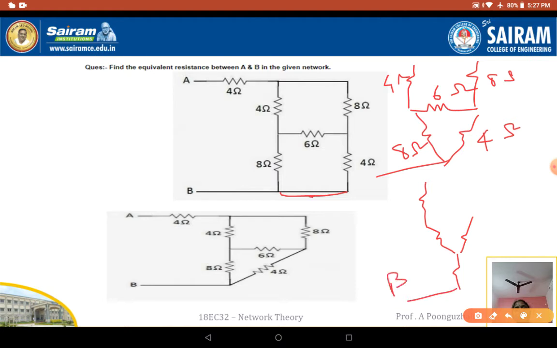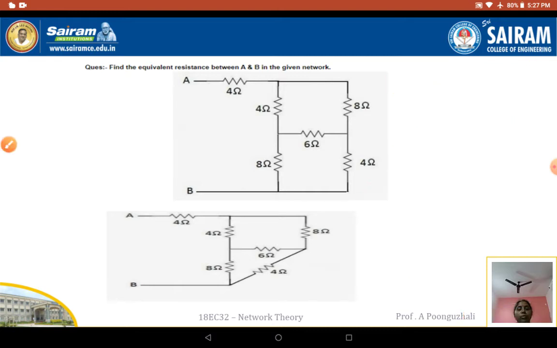This is your B point, this will be your 8 ohms, this will be your 4 ohms. Now I will have my 4 ohm resistance there. These two resistances are in series, these two are in series, then they will be in parallel, then these two will be added up, and I will get the equivalent resistance there. This is how we have to do it.